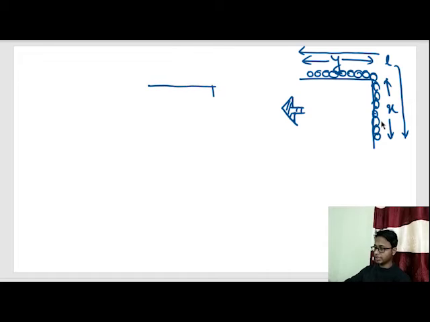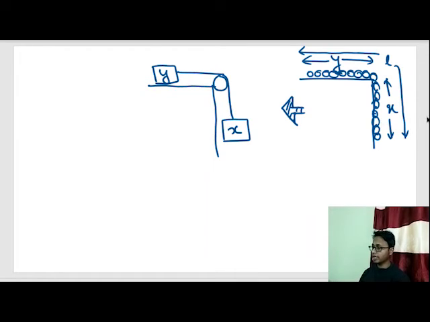Suppose this X part is accumulated out here, and this Y part is assumed out here, and they are being pulled by a massless rope. So the mass falls when X is greater than Y. When X comes down, that means Y goes to the right-hand side. So can I substitute this much length by a mass out here and this much length by a mass out here? But how do I distribute the mass?